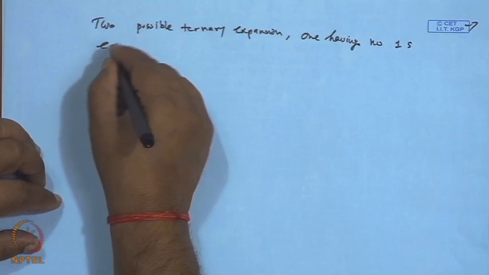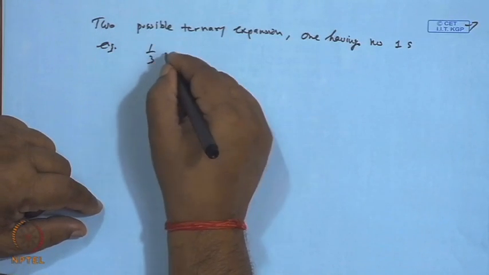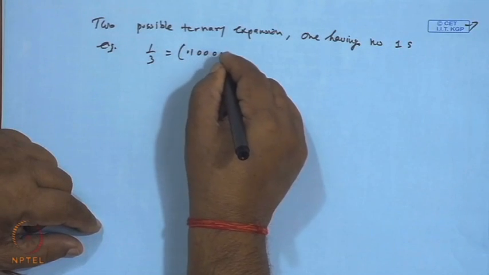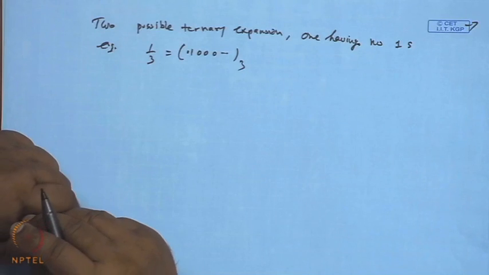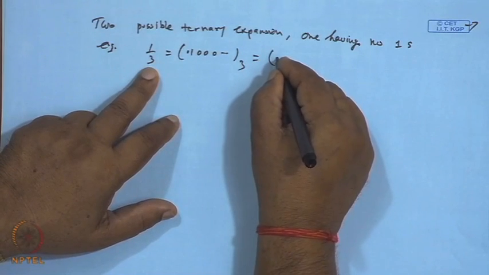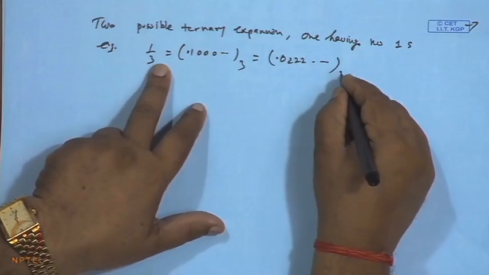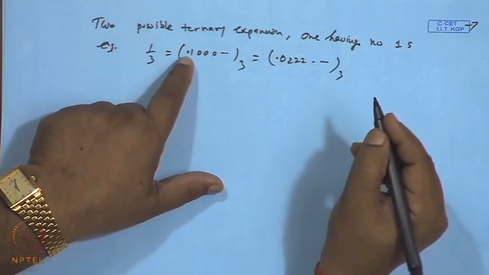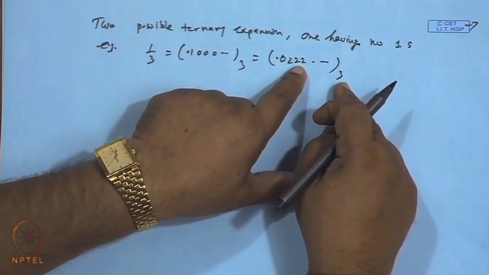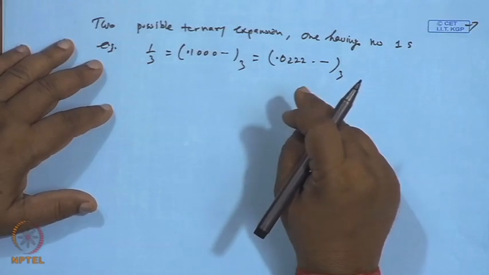For example, if I take 1/3, its ternary expansion will be 0.1000 and so on. If I take the same number, we can also write it in the form 0.0222 and so on. If you approximate, you will get 1/3. So one of these expansions will involve ones and the other will not have ones. So at least one will have no a_n equal to 1.